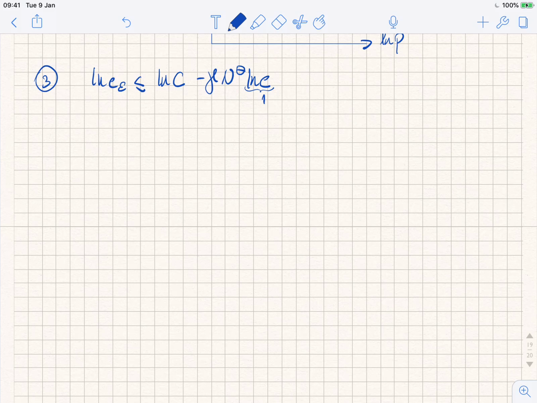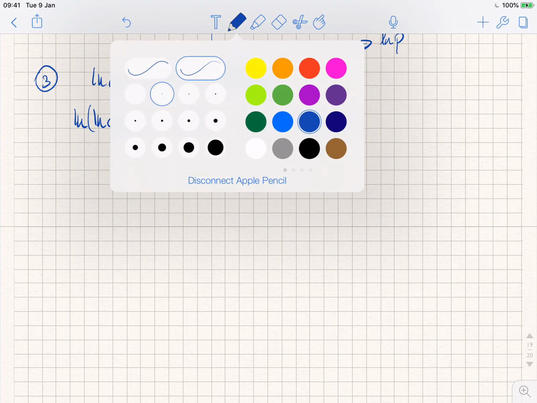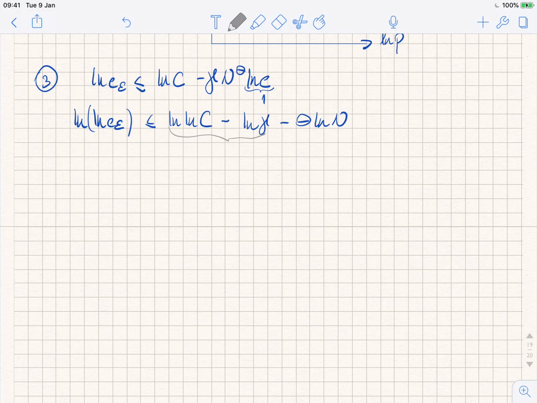So if you take again the natural logarithm of that, then what you get is minus the natural log of gamma minus theta natural log of n. And you can take all of this and say, well, this is some constant. Let's call it C3, right?